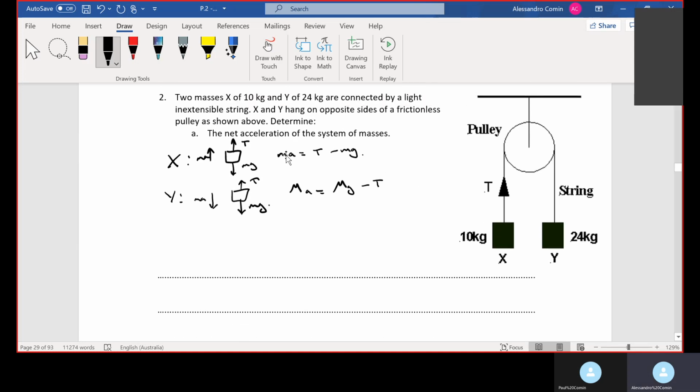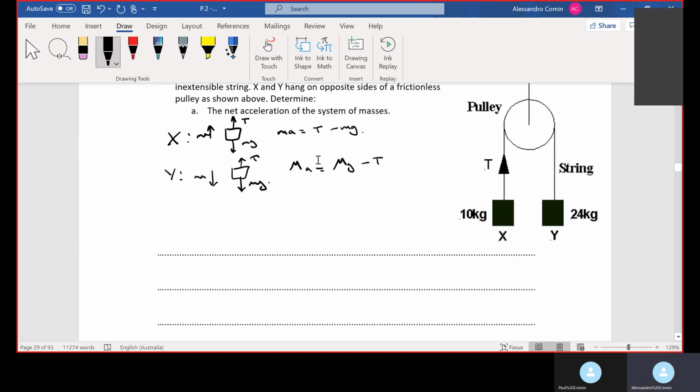In this equation, I have m and M. I'm asked to find A, and I know what g is. I don't know what T is, but I don't care what T is, so I'm going to substitute through it. So for X, I'm going to do T is equal to ma plus mg.